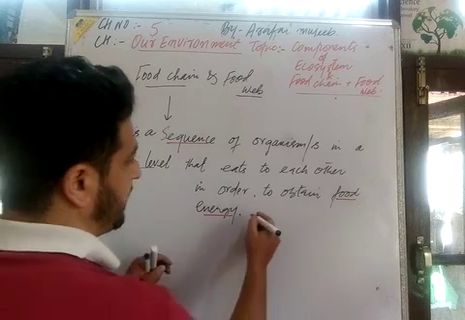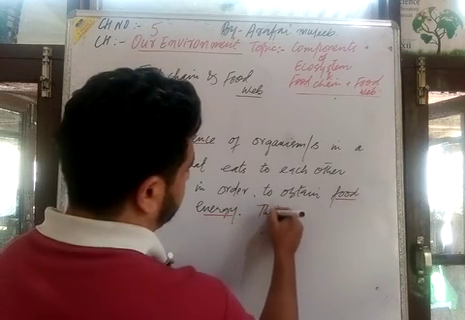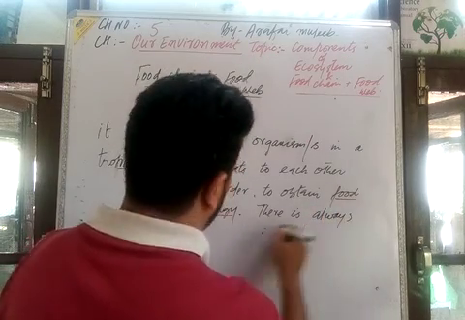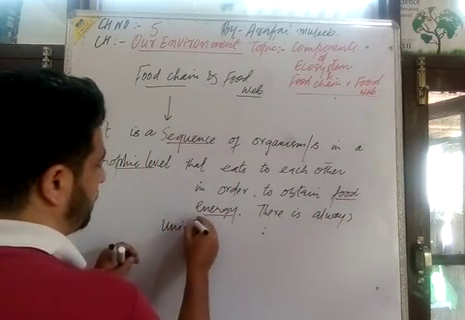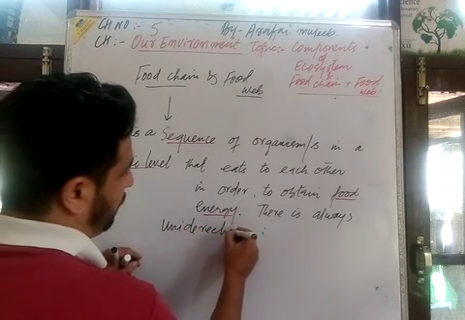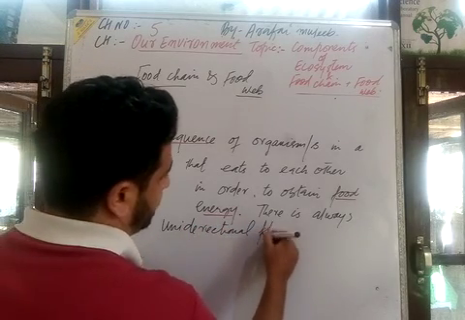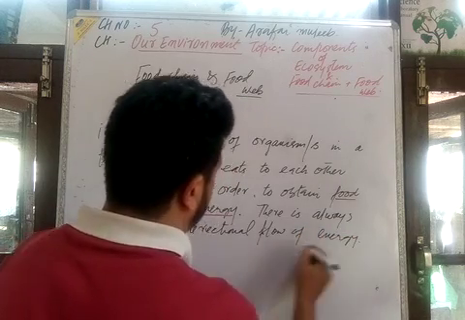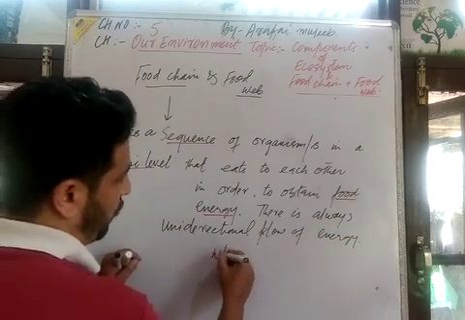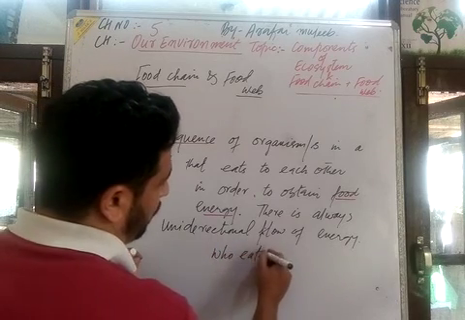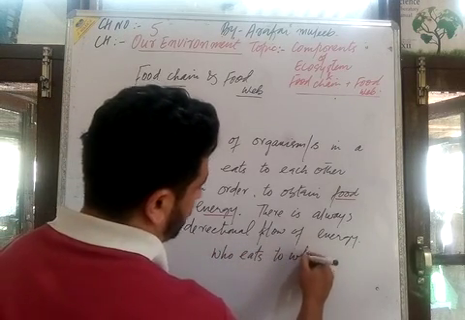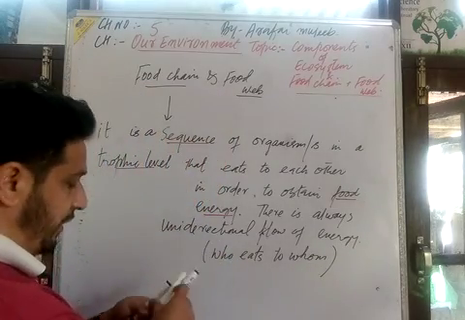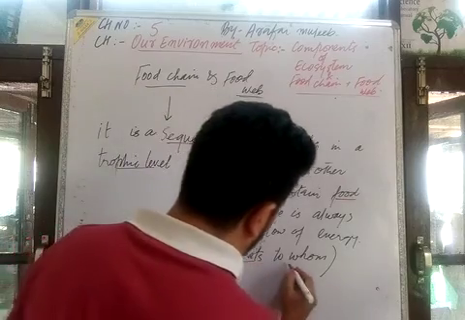Always, there is unidirectional flow of energy. So in a food chain it is who eats whom, who is eating whom. Remember this: who eats whom.